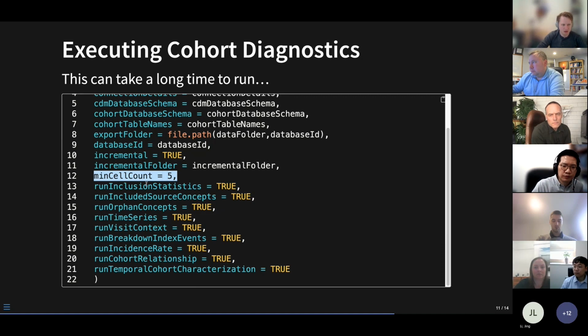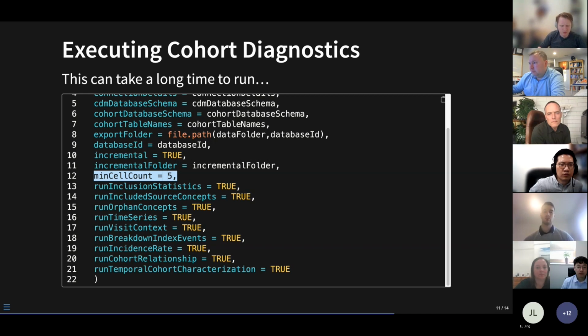So if the result for any covariate is less than 5, we're saying here, then you will not see the number of patients that covariate relates to. You will only get that as a qualitative value, I guess you could say, that somebody has had that covariate in your data set. You won't know the exact number, you'll just know that it's between 1 and 5.